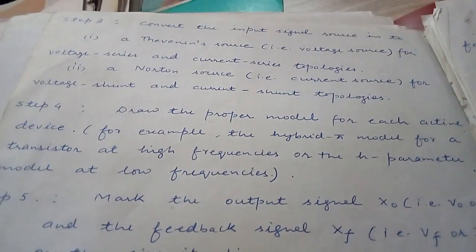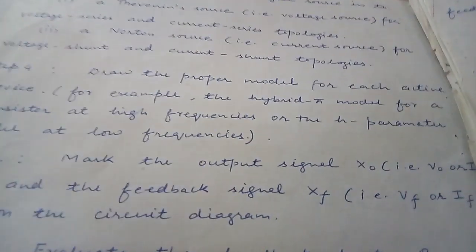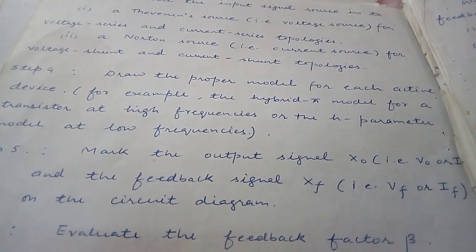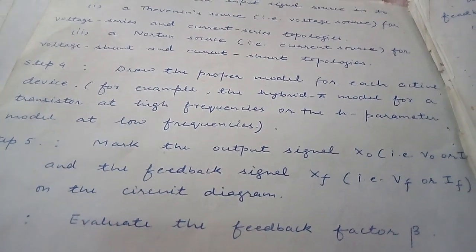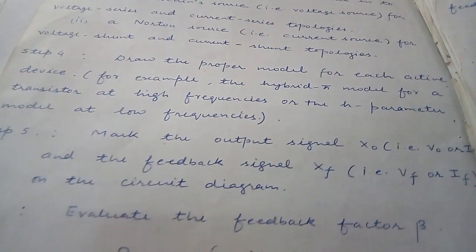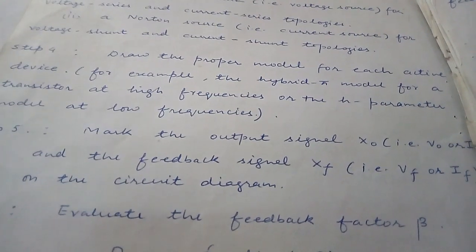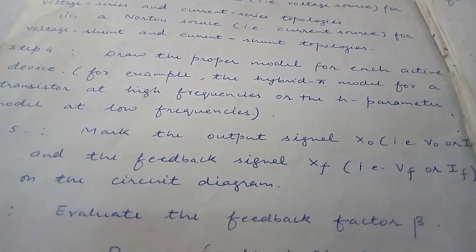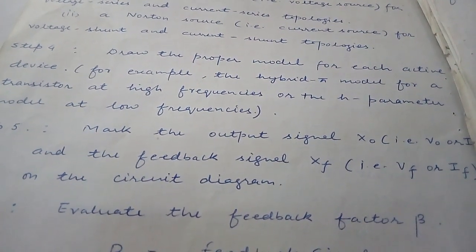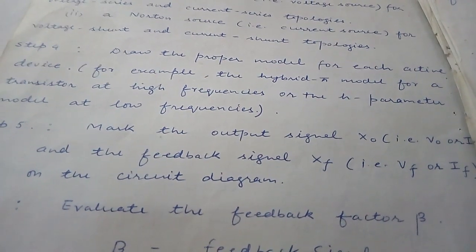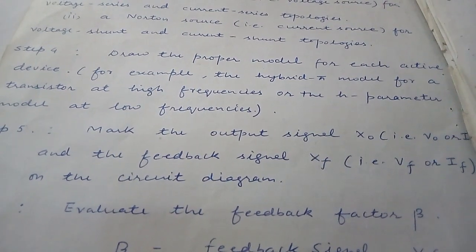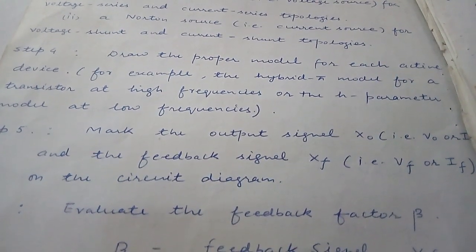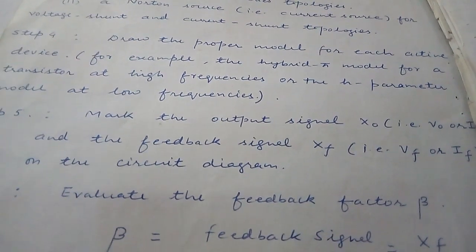Then after that, in step 4 we have to draw the proper model for each active device. For example, in case of BJT, if we are working in low frequency small signal, we have to use the h parameter model, and in case of high frequency we have to use the hybrid pi model for the BJT.